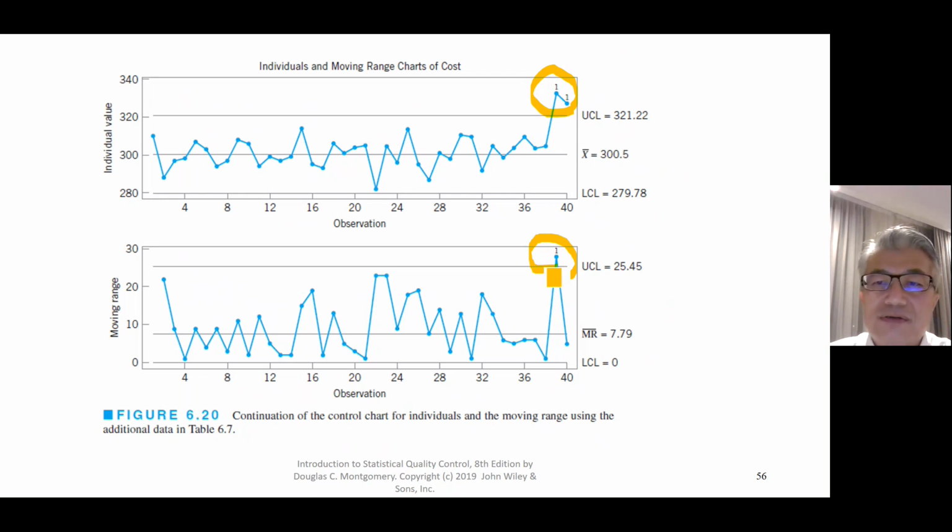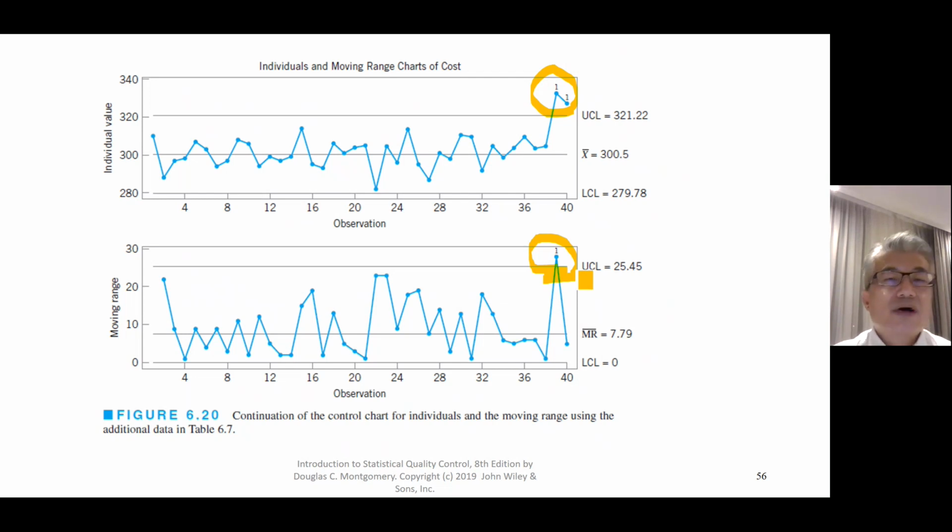So actually there is also a significant difference in some locations. This is the continuation of the control chart for individuals and the moving range using additional data in Table 6.7, continued from the last example.